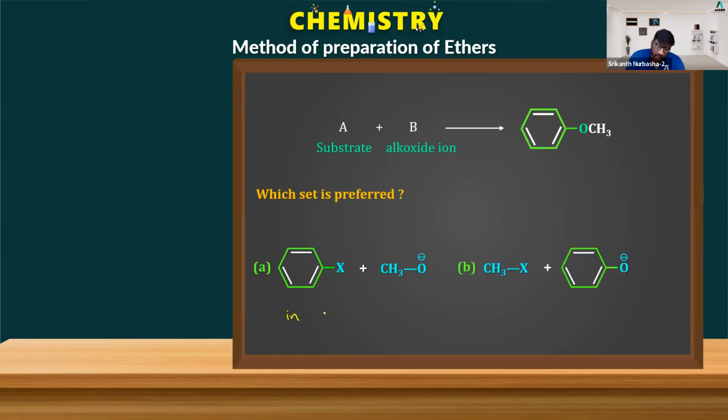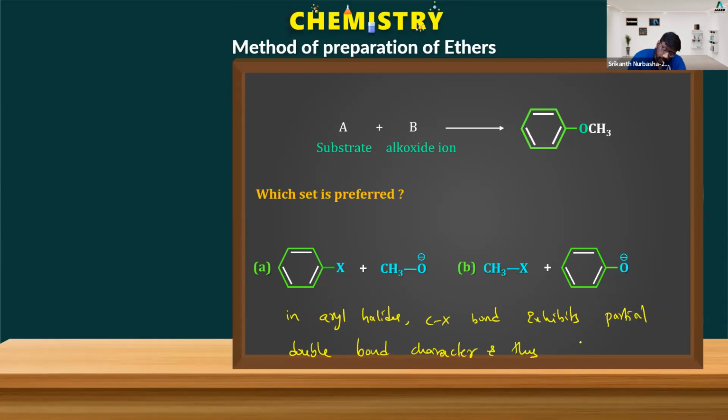In aryl halides, the C-X bond exhibits partial double bond character and thus cannot be broken. So obviously this cannot be taken. In the first set, the C-X bond cannot be broken. So CH3X with phenoxide is possible. So set B is the correct option.